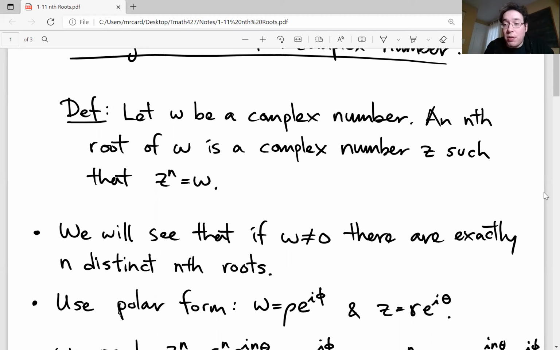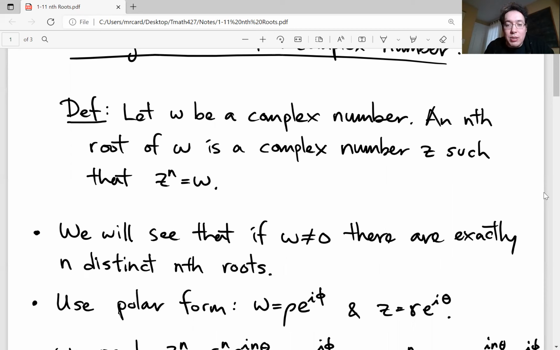This is different from real nth roots, right? When you take a square root of a positive number, for example, you usually get plus or minus that number. So you'll get two different square roots. If you're taking odd number roots, like a cube root, then you usually only end up with one of them.